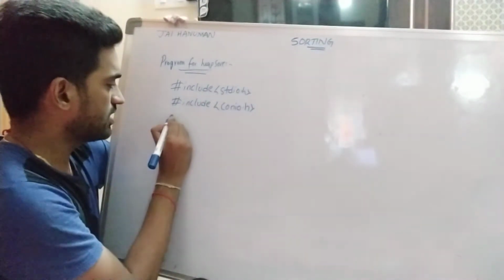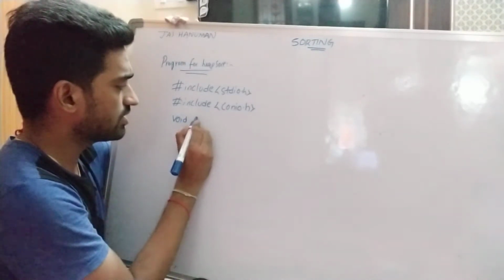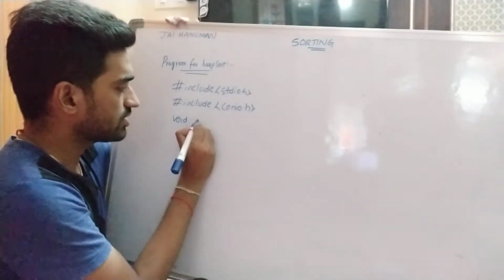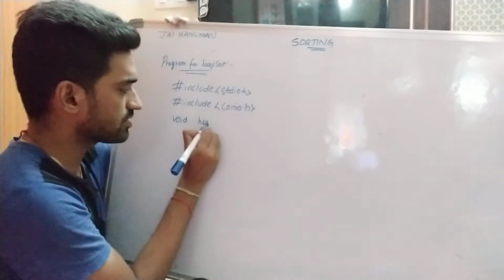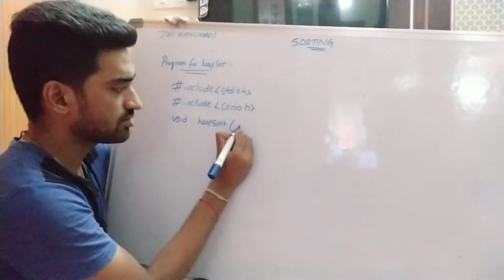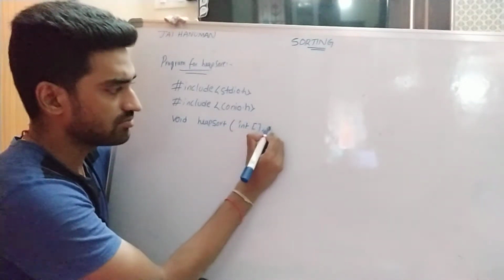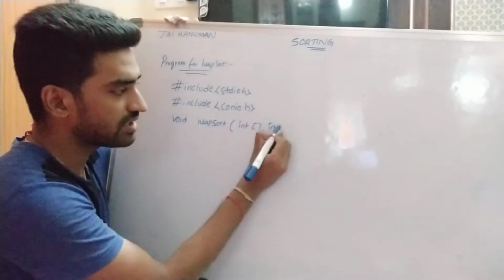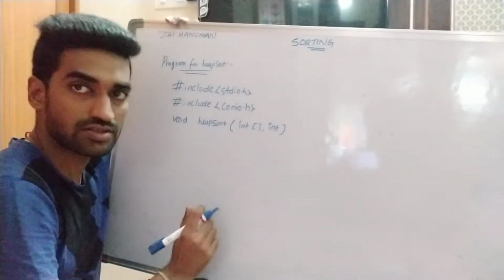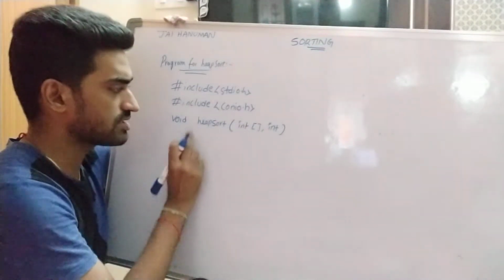Then I am creating the functions, void. First I am writing one function, heapsort, along with two arguments: the array name and the number of elements in the array. So we are passing two arguments in the heapsort mechanism.